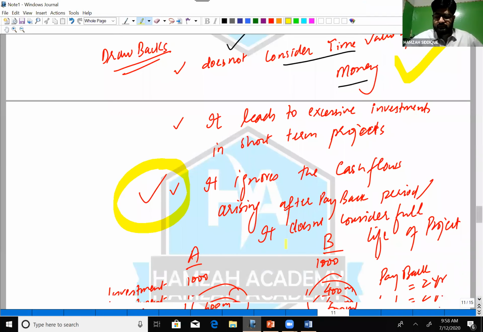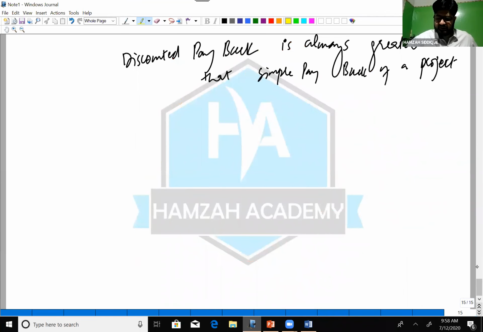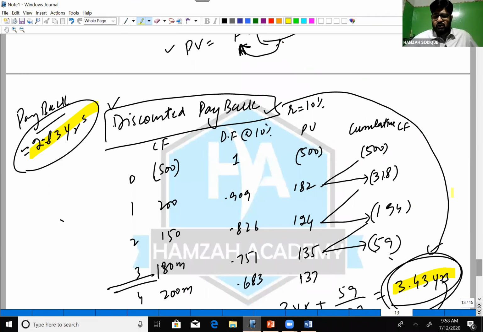It doesn't consider the full cash flows of the project. It is still remaining behind. Same problem here: it ignores the cash flows after the payback period. So only one problem was resolved, which was time value of money. The second problem is still here.